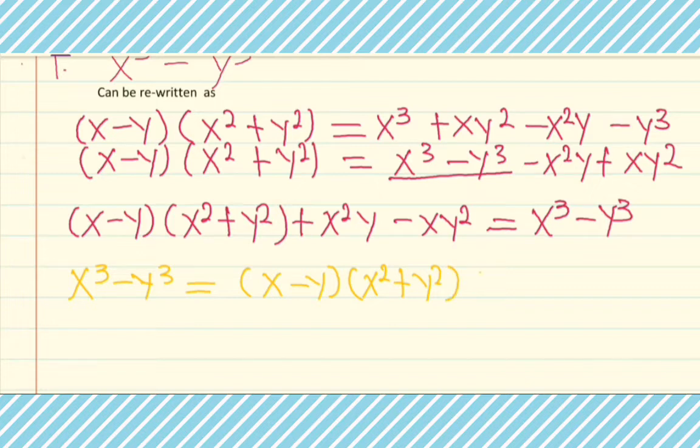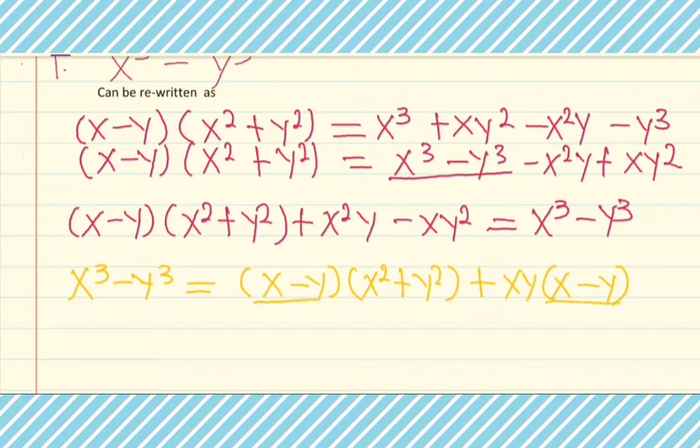plus x squared y minus xy squared have a common factor of xy. So we factor xy out. Xy, then we are left here with x, and we are left here with minus y. As we can see, we have minus y here, we have minus y here.